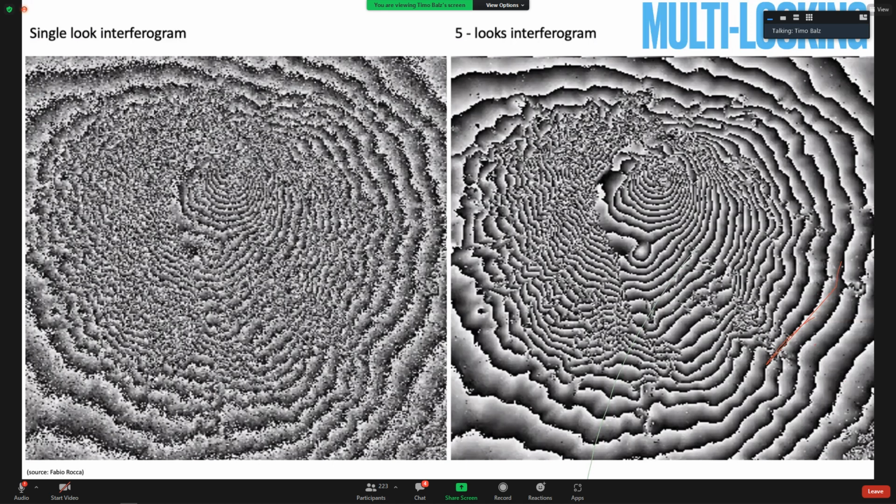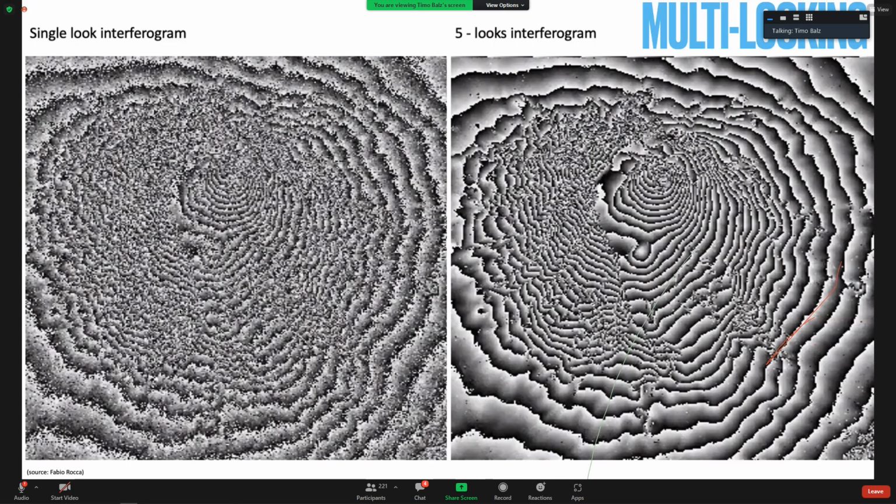So multi-looking the data is very important, and we can see the importance of it also here, not really in that example, but let me explain what I mean by that. The importance of multi-looking, we can see in how many SAR satellites are actually designed. Here in the example of the ERS, the resolution of the ERS sensor, also the resolution of the Sentinel, for example, is not the same in azimuth and in range.